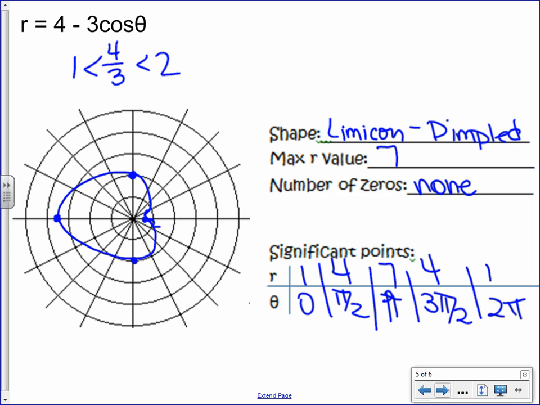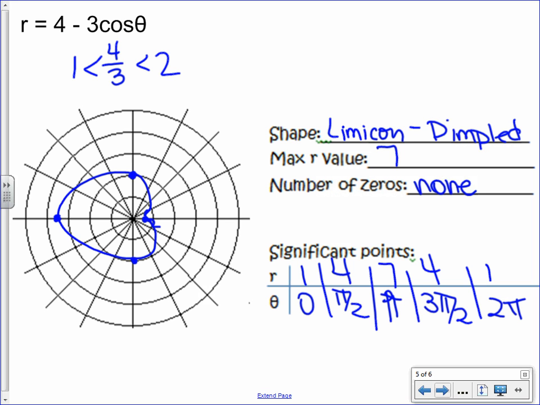The cardioid kind of comes to a point. The dimple does not. It's still kind of smooth, but just dimpled in. The biggest thing is I need to tell the difference between whether it's dimpled or convex, because dimpled and convex look very similar, except convex doesn't dip in at all.